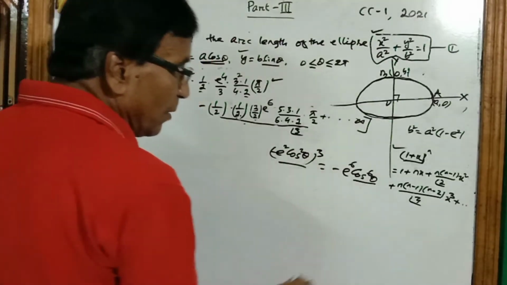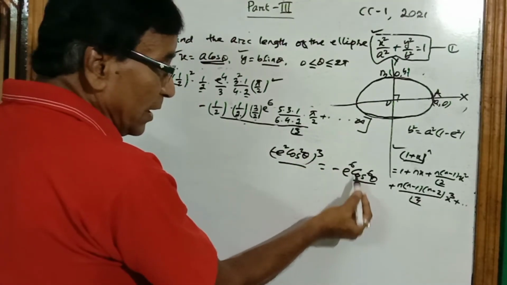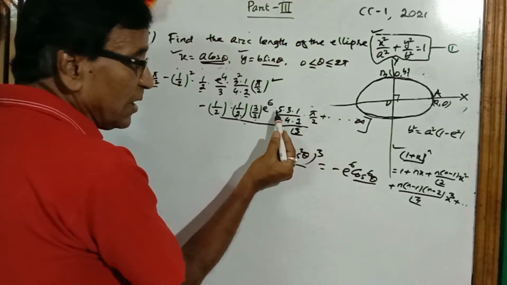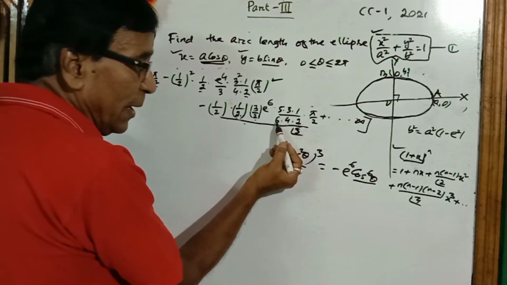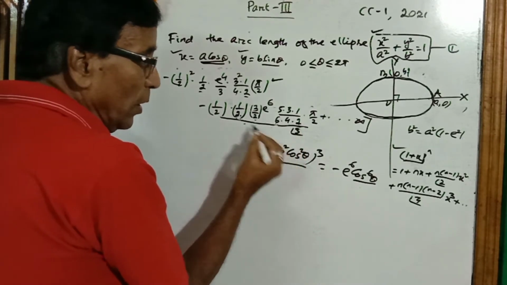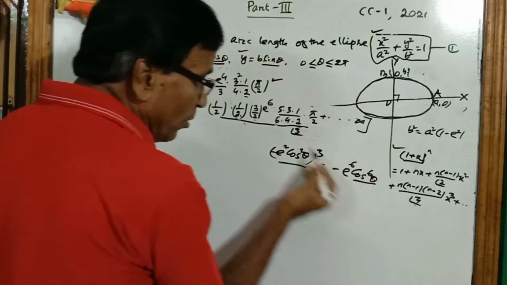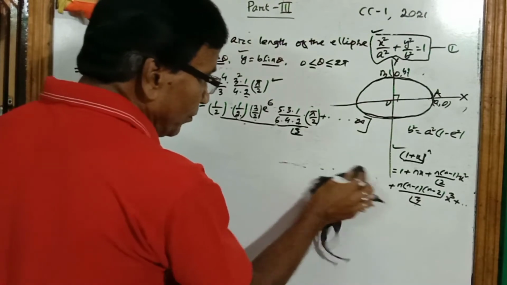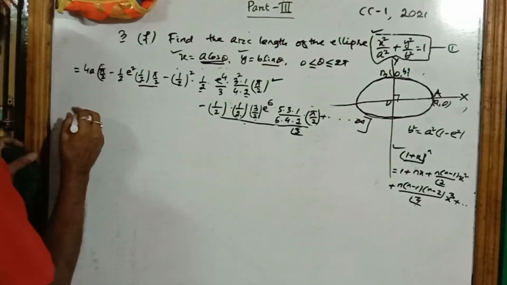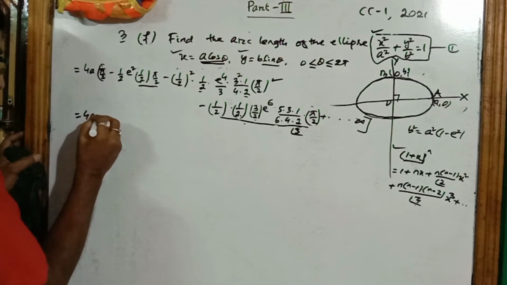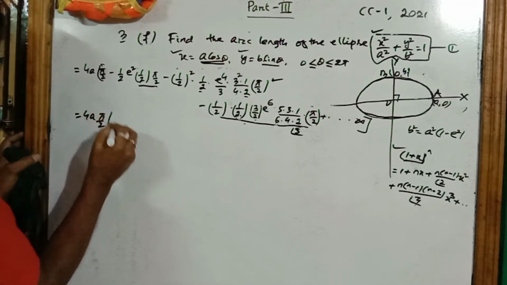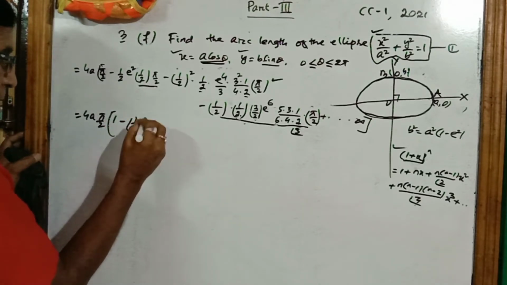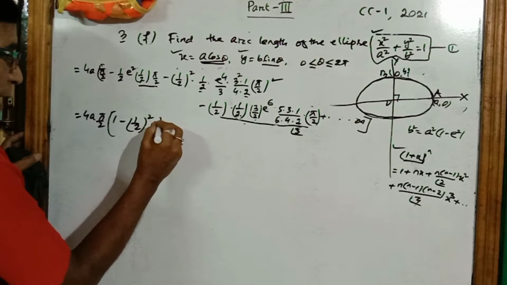And what is the integration of cos to the power 6 theta with respect to theta with limit 0 to pi by 2? According to Wallis formula, it is 5 into 3 into 1 divided by 6 into 4 into 2, divided by factorial 3, into pi by 2. Now here you see that pi by 2 is taken common. Here it is 1 minus 1 by 2 whole square into e square.